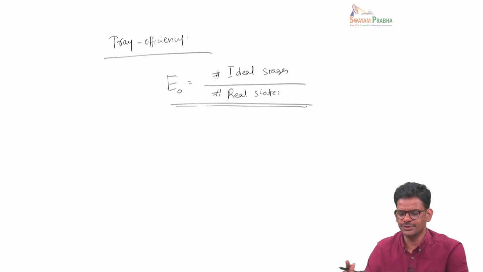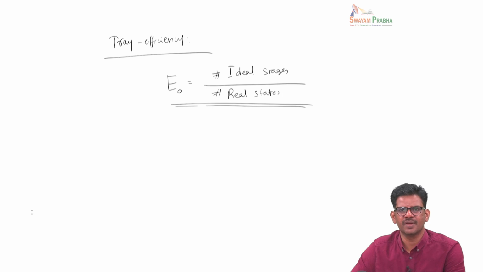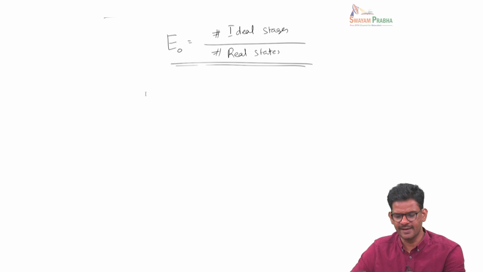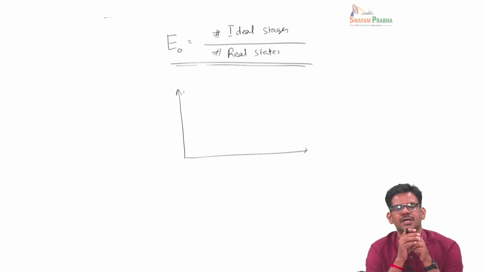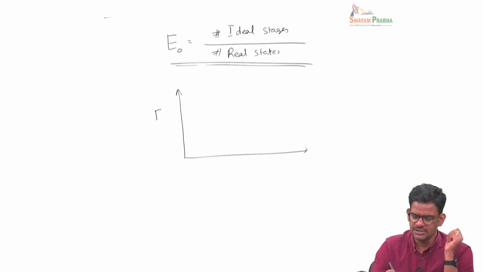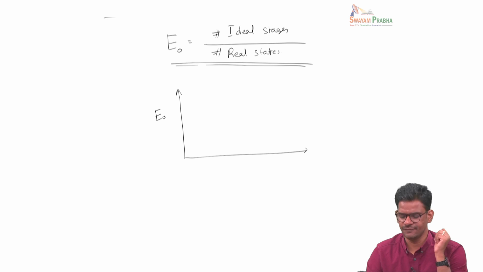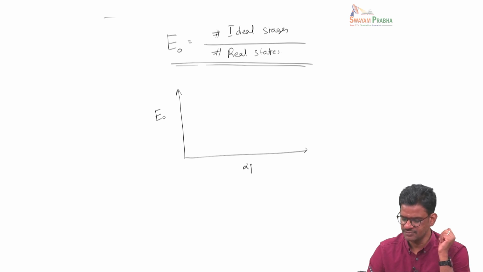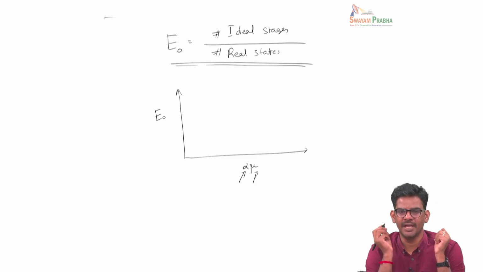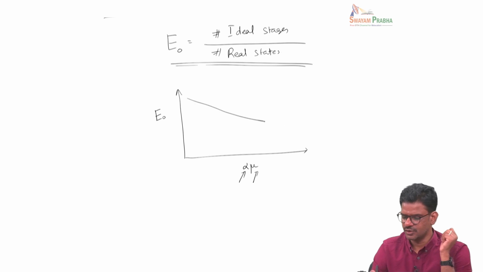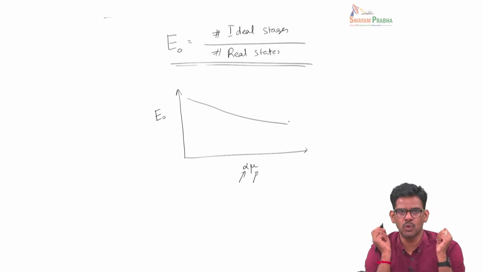The calculation of overall tray efficiency is a little bit tricky and quite involved, but there are empirical data available, like we discussed in the case of absorption column tray efficiency. There are plots that relate the overall efficiency with alpha times mu, where alpha is the relative volatility and mu is the viscosity of the liquid, and you see some sort of an empirical correlation.